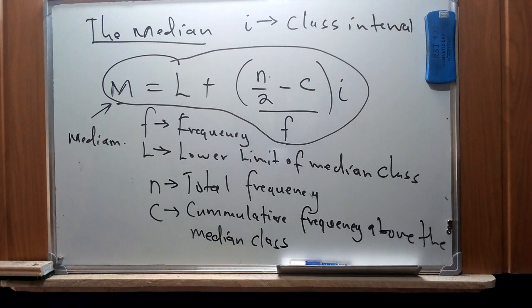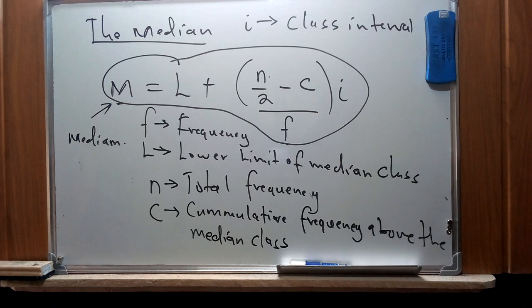Of course, when we give a tabular form of a particular kind of data, we're going to see how these different letters can be employed in interpreting that data and trying to find the median.